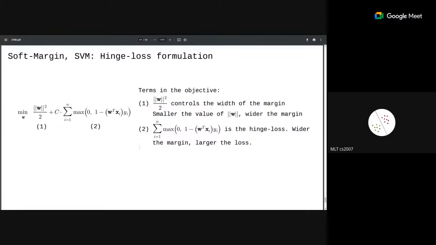That is what the hinge loss controls. So you have a trade-off. You can't simply keep decreasing W because your hinge loss will go up. That trade-off is controlled by this parameter C. Smaller the value of C, wider the margins.